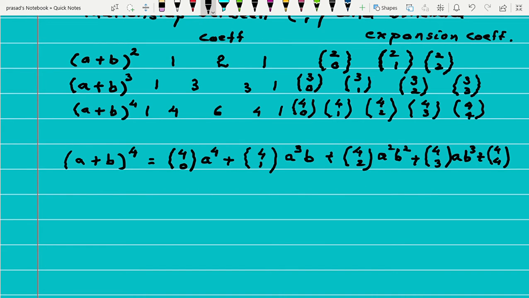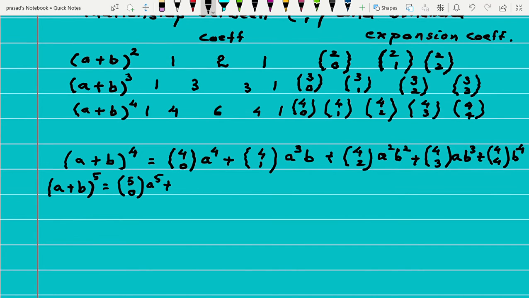And in this term, b will have the full power 4. So, similarly, if I want to write the expansion of a plus b to power 5, tell me what it will be. Yes, first coefficient 5C0, a to power 5.